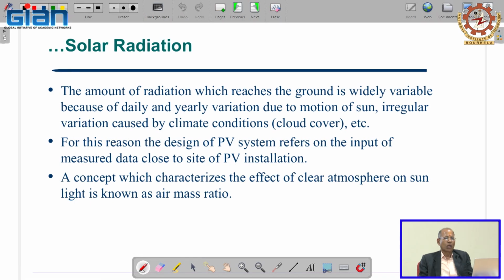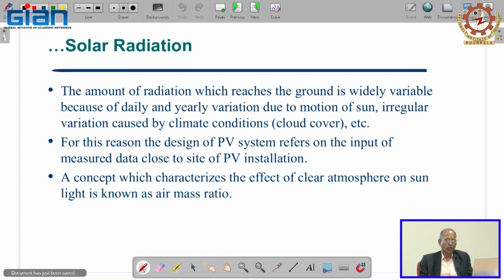Okay. So now here, the amount of radiation which reaches the ground is widely variable because of the daily and yearly variation due to the motion of the sun, and irregular variation caused by the climatic conditions, cloud, etc. So you will not have consistent radiation throughout the year.